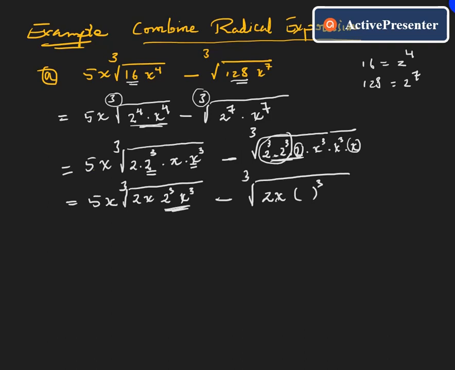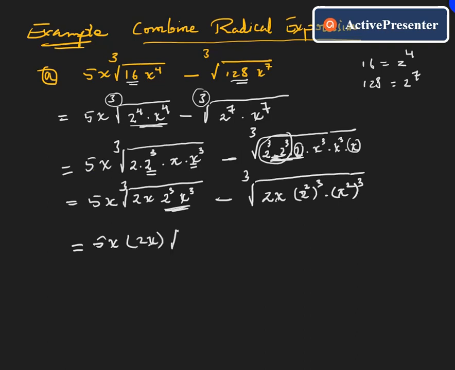This 2 to the power 3 multiplied in 2 to the power 3 is 2 to the power 6, so we made it 2 squared, all to the power 3. Similarly, we will do the same in x, so it should be x squared, all to the power 3. Now we can eliminate. This 5x will go down and this will go as 2x outside.